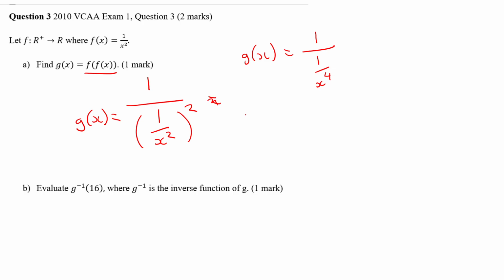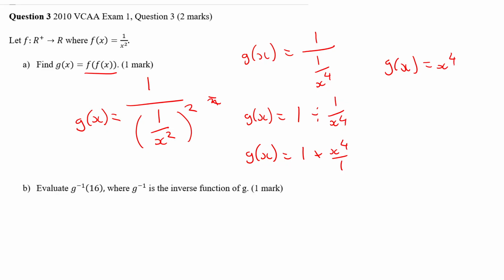I'm going to rewrite this in a different form: 1 divided by 1 over x to the power 4. We know our formula for dividing a fraction: keep, change, flip. So that gives us g of x is equal to 1 times x to the power 4 over 1, which is g of x is equal to x to the power of 4.